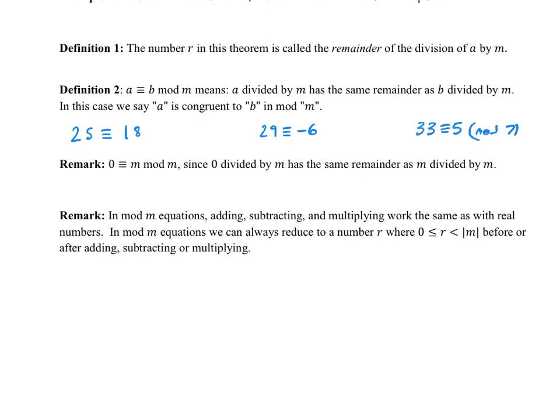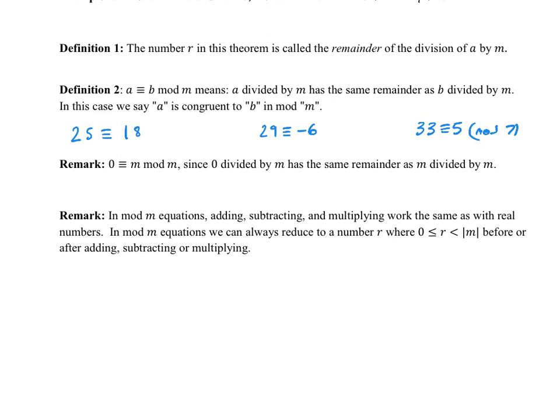So my recommendation is when adding, subtracting, and multiplying in modular arithmetic, reduce first. Make the number smaller, find the remainder. Or if you want, you could even use negative numbers as well if you prefer to go that direction.